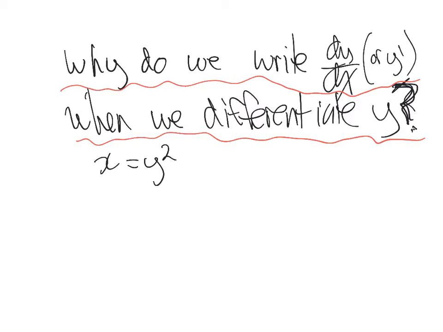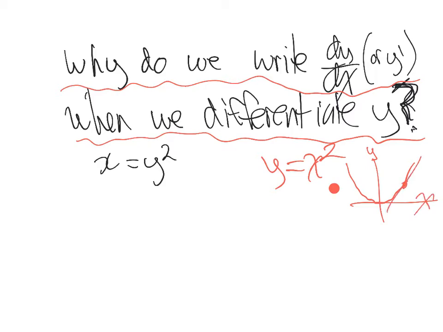The way I'm going to do that is start with a little example over here. I'm going to say y equals x squared. If I'm going to differentiate this, I know I've got this parabola here. This is y and this is x.